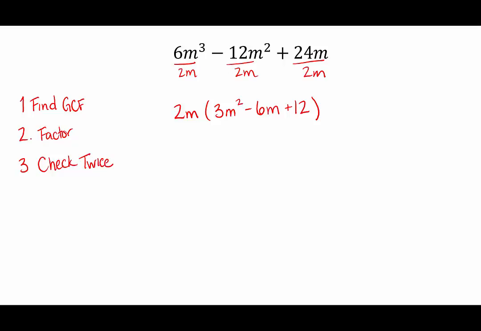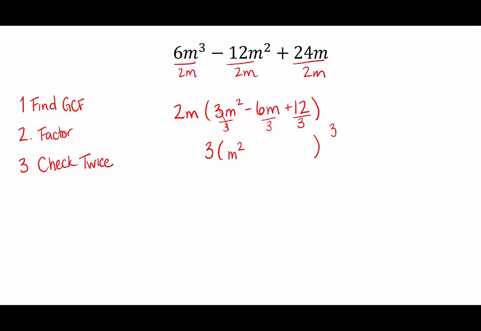I did this problem this way because notice here, inside my parentheses, this polynomial, the terms have a common factor of 3. So we can repeat our process again. So if I look just at this polynomial, my greatest common factor is 3. And then I'm going to factor that out. Divide each term by 3. So 3 divided by 3 reduces to 1 and leaves me with just m squared.